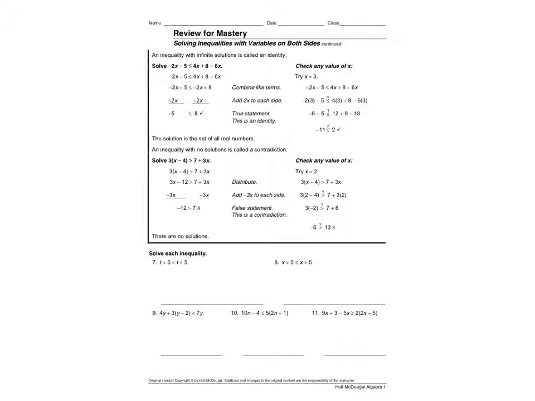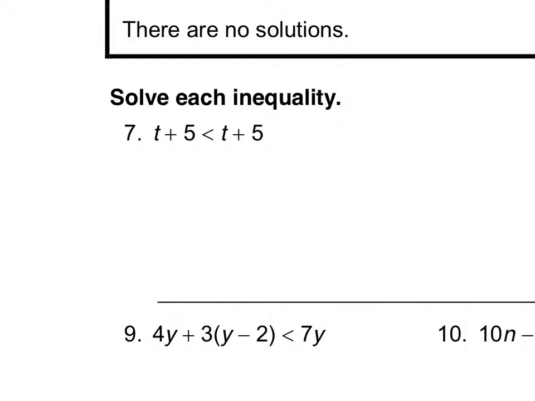Here again, we're going to talk about identities, all real numbers, and no solutions. So let's try one of these. So here I have t plus 5 on the left and t plus 5 on the right. Notice they're identical. This is an identity. Whenever you see this occurring, the answer is going to be all real numbers.